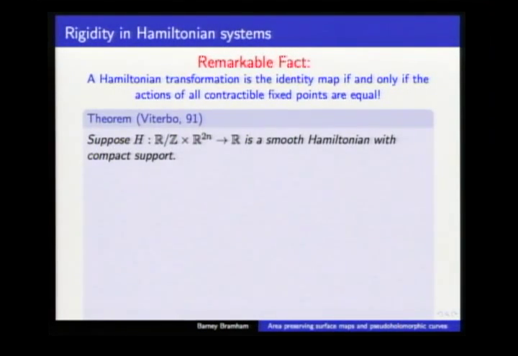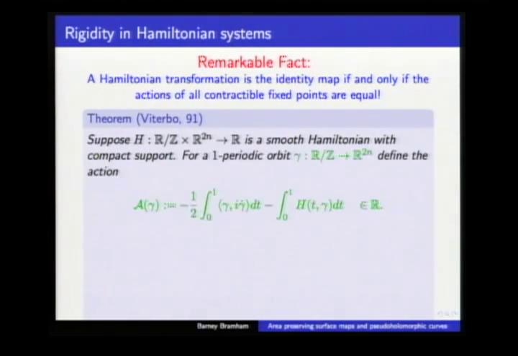Here's a more precise version of this. You could do this on closed symplectic manifolds with suitable assumptions, say on R^2n. We have a time-dependent one-periodic Hamiltonian with compact support. To every periodic orbit, they're all contractible of course in R^2n, we can associate a real number, the action, and the critical points of the action function are the periodic orbits.